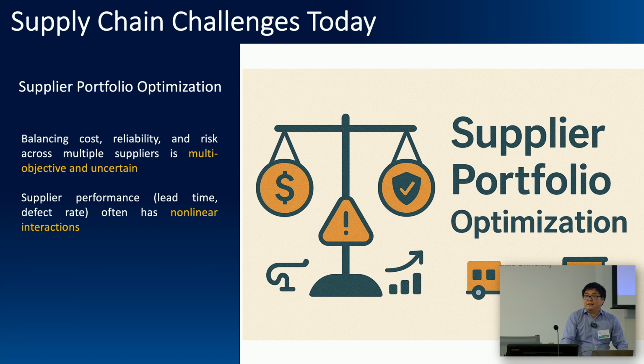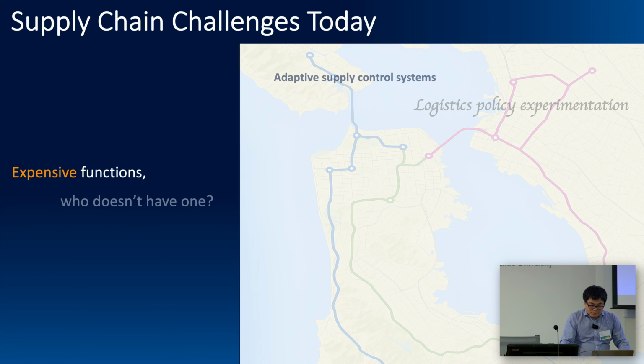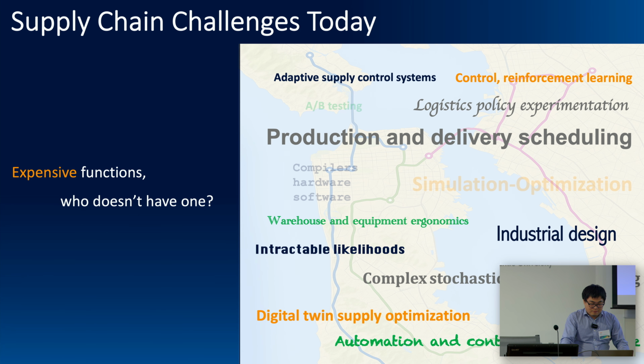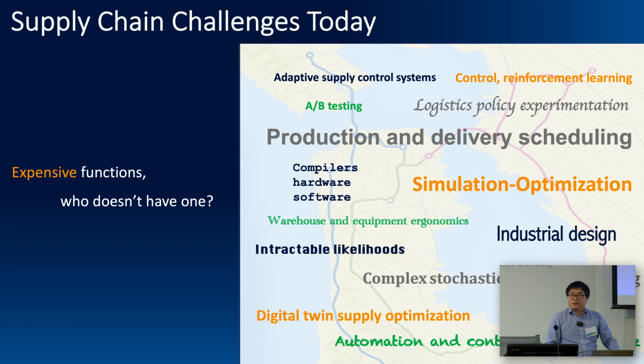It has nonlinear interactions, so it's really hard to model or solve efficiently. As you see, not only in supply chain but in many fields, as I listened through the whole day, expensive functions are everywhere. So you need to find a way to model them or optimize them efficiently.